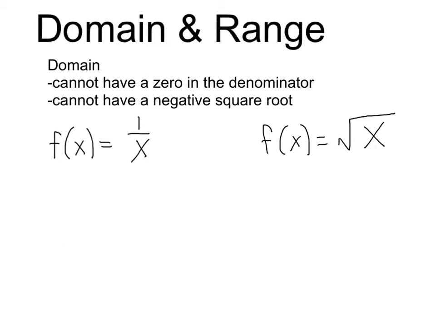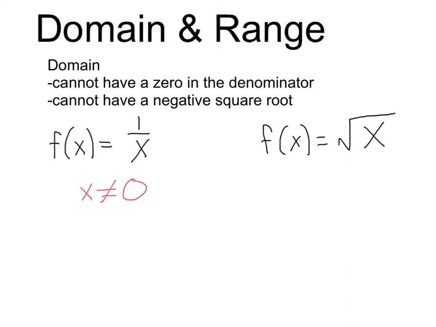So I know that this x cannot equal 0, because if it did equal 0, then there would be a 0 in the denominator of this fraction. Now how we write our domain, we're going to use set builder notation here.